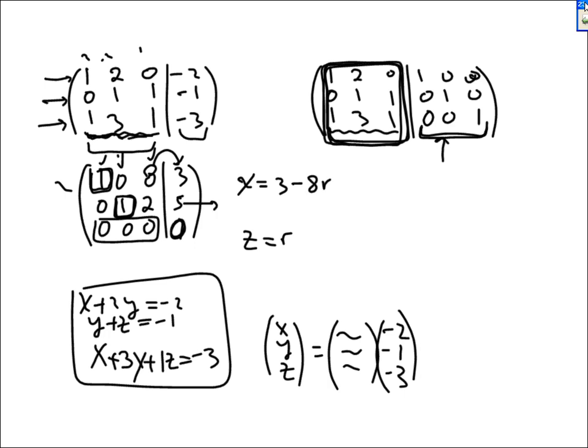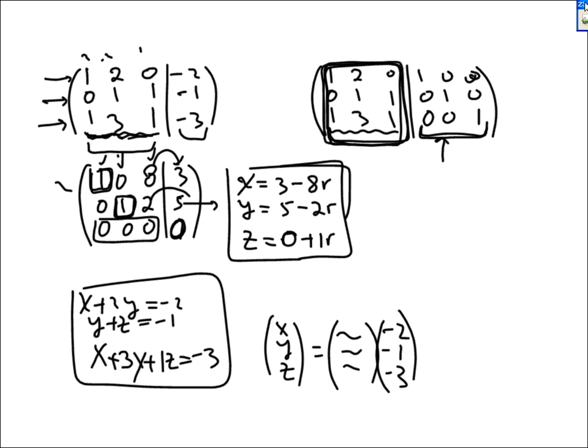The second equation tells me y is equal to 5 minus 2z, minus 2r. Okay? You only get a unique solution when the inverse exists. How about I just call this 0 plus 1r. There are infinitely many solutions.